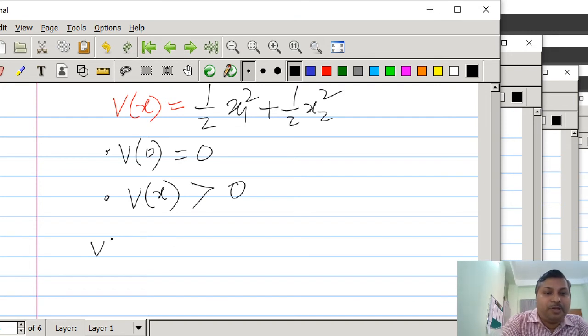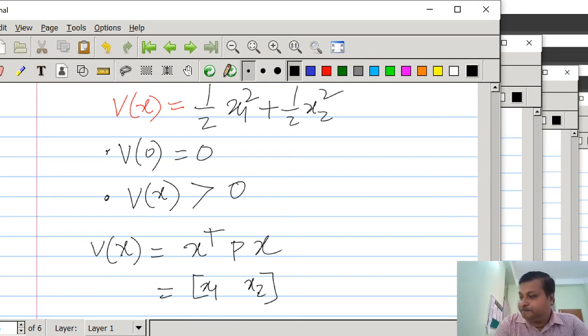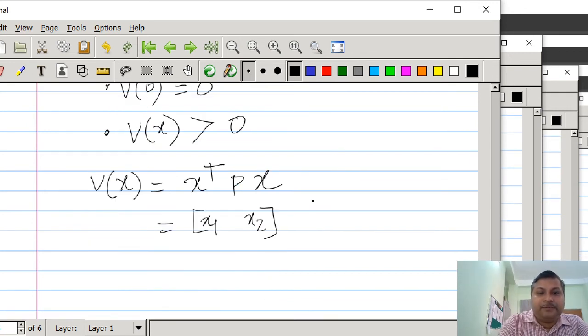V(x) can always be written as x transpose P x. So for this case, we can write x1 x2, then the matrix half 0, 0 half, and then x1 x2.